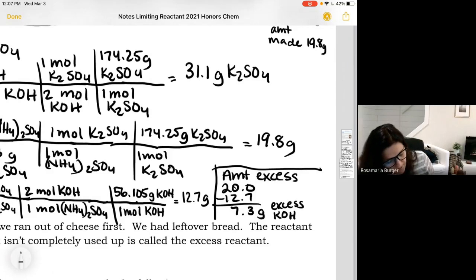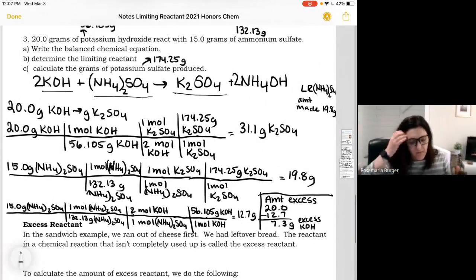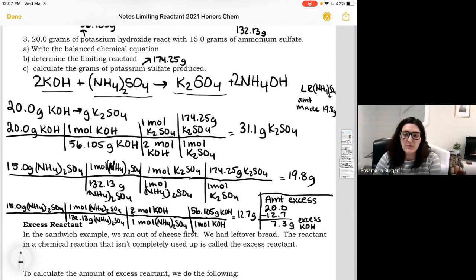Okay, so if we want to talk this whole problem through, we can say that when 20 grams of potassium hydroxide and 15 grams of ammonium sulfate are reacted, we produce 19.8 grams of potassium sulfate, and we have an excess of 7.3 grams of potassium hydroxide.